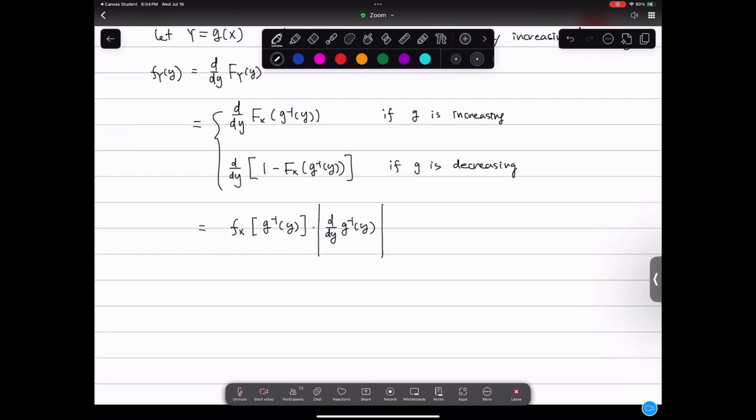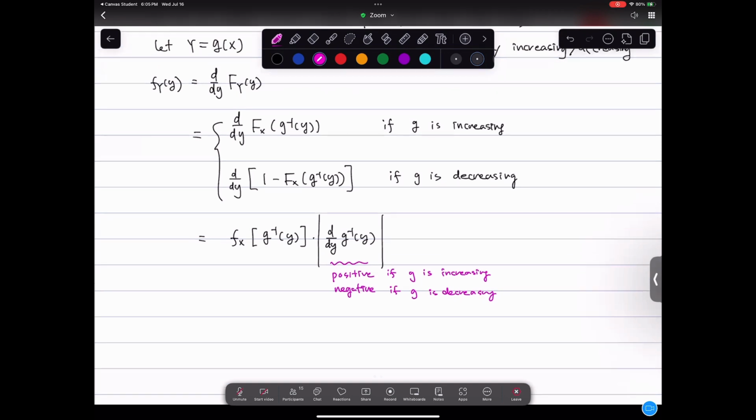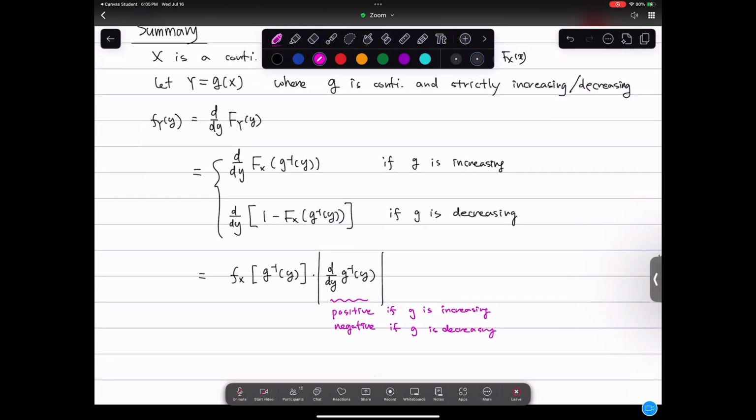So that this one will become positive if G is increasing, and it's negative if G is decreasing. So inverse is also decreasing. So that negative number in front of negative number together is really positive anyway at the end of it. So this is like a simple form to get your PDF of a function of x. Looks messy, but that's a fact at the end.